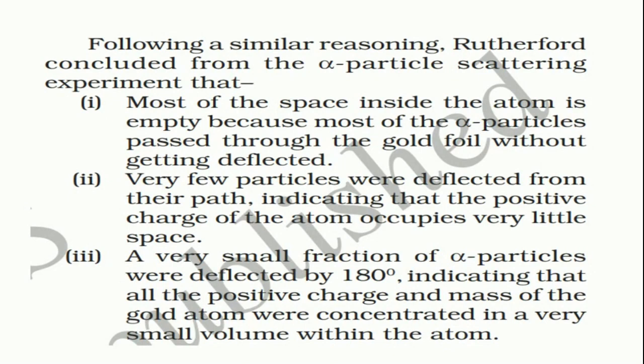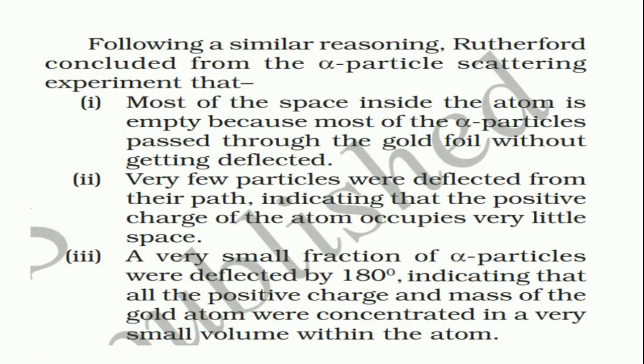Then a very small fraction of the alpha particles were deflected by 180 degrees, indicating that all the positive charge and the mass of the gold atom were concentrated in a very small volume within the atom.